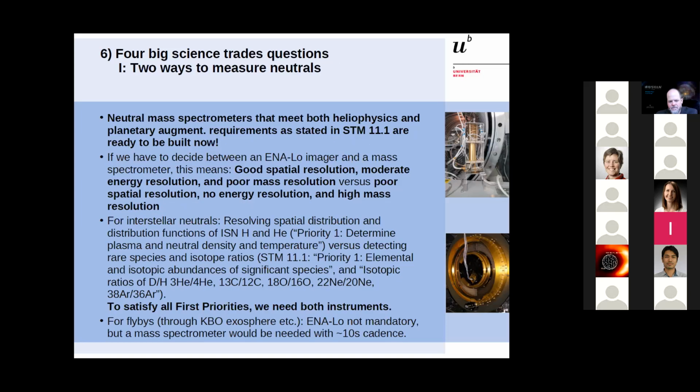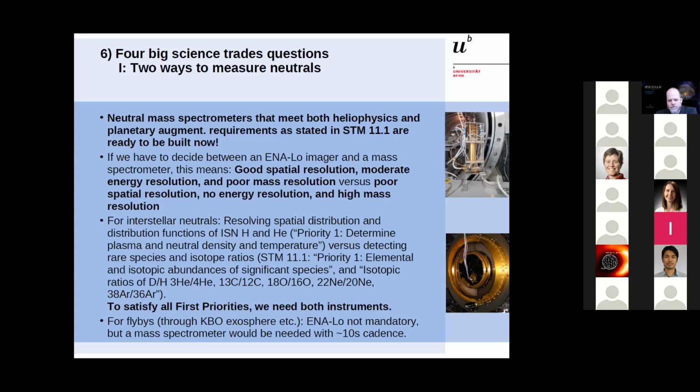And it basically means, as Pavel already pointed out, that we get all these species and isotopic compositions, and this is definitely vital, but it means we don't get the spatial distributions, which are also important to study those secondary components and to get a feeling of what is the temperature of those interstellar neutral populations that come into our heliosphere.